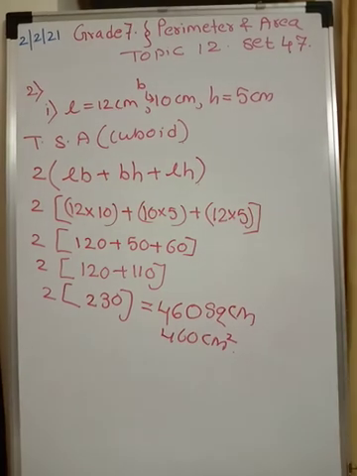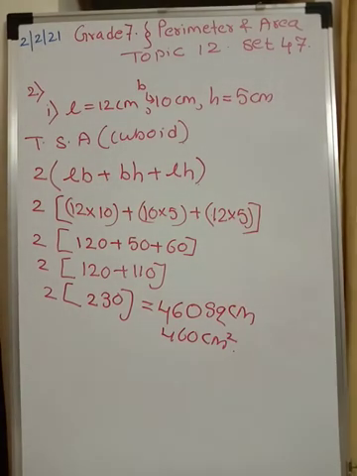Okay, so we have found the total surface area of cuboid. Now let us go quickly to the second. One more problem we'll do. We have 5 centimeter, 3.5 centimeter and 1.4 centimeter.